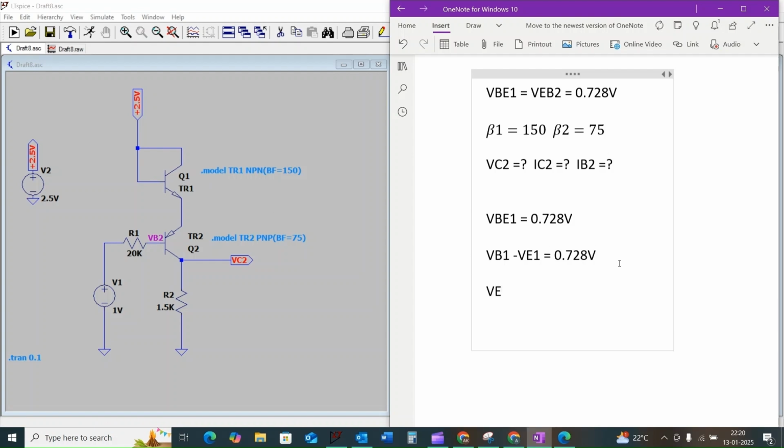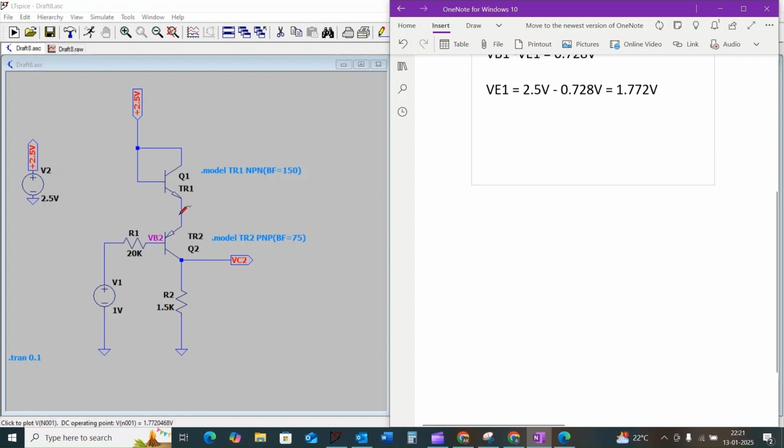So VE1 is equal to 2.5 volt minus 0.728 volt, which is equal to 1.772 volt. Here the emitter terminals of both transistors, Q1 and Q2, are connected to each other, so VE1 is equal to VE2, which is equal to 1.772 volt.